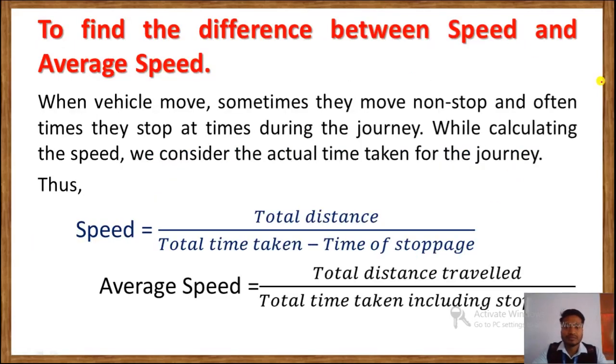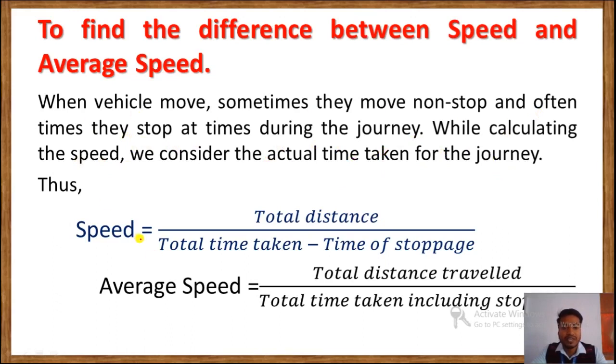Understood? Now how to find the difference between speed and average speed, or we can say actual speed and average speed. When a vehicle moves, sometimes it moves non-stop, and oftentimes it stops at times during the journey. While calculating the speed, we consider the actual time taken for the journey.